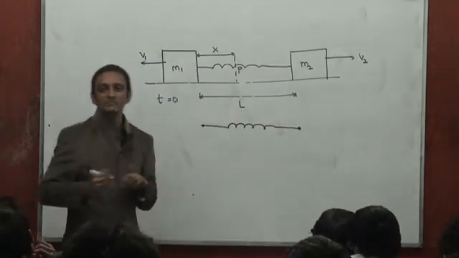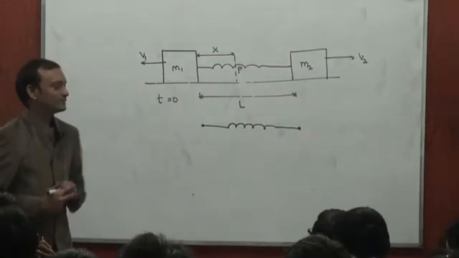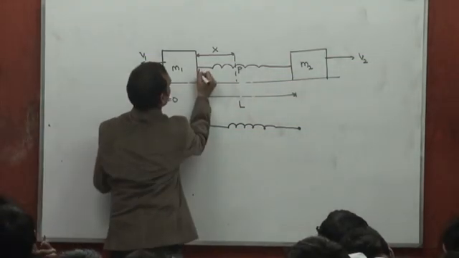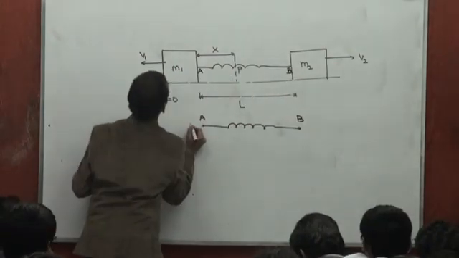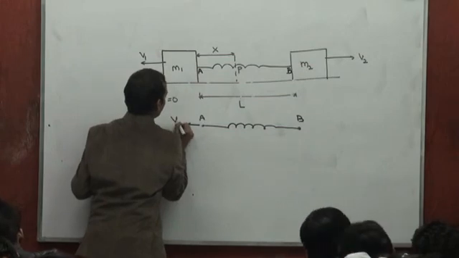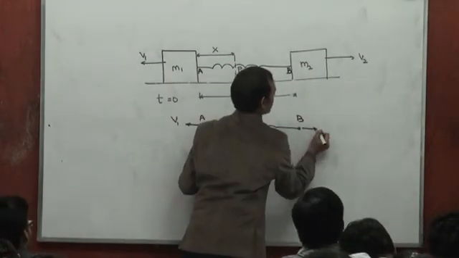And then I'll tell you the physics behind it. So this is end A and this is end B. This is V1 and this is V2.